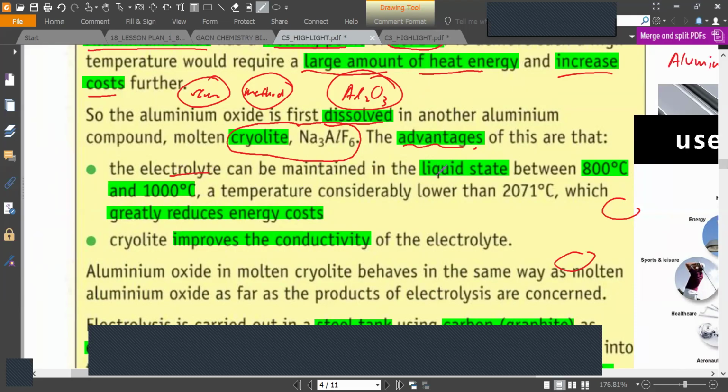So the electrolyte can be maintained in a liquid state between 800 and 1000 degrees. At first we need to get to 2071 degrees, which is very expensive. But now with this cryolite, we can do it at 800 to 1000 degrees, which greatly reduces the energy cost. Another thing, this cryolite will improve the conductivity of the electrolyte, which will help the reaction go faster. So that's good.